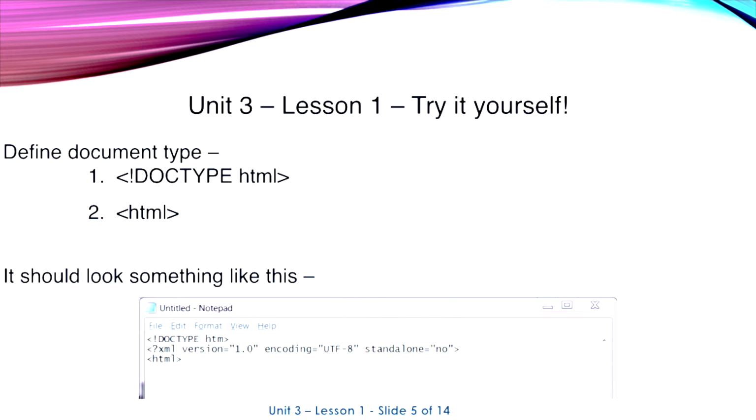This should go above the declaration. Next, after the declaration, we are going to open a HTML document by writing angle bracket, HTML, angle bracket. This is the opening tag for the whole document. Once you have this done, it should look like this.